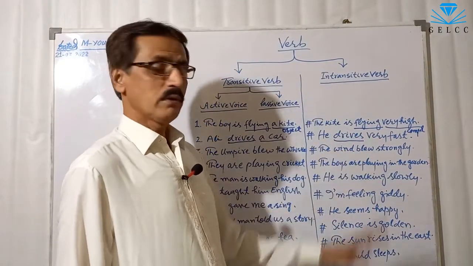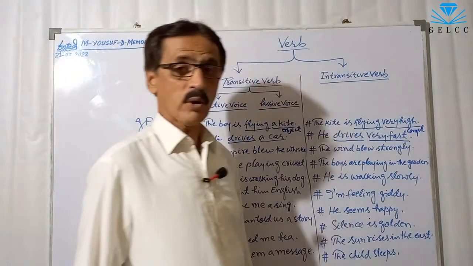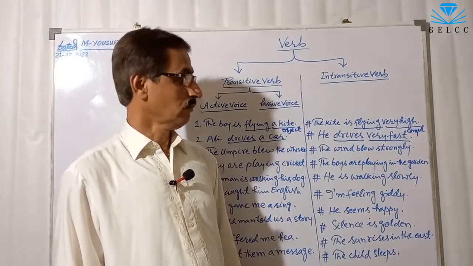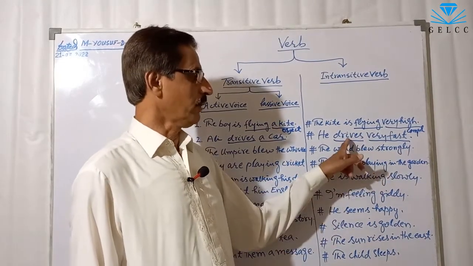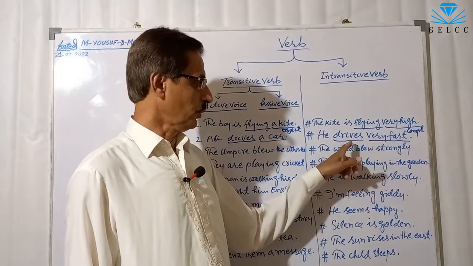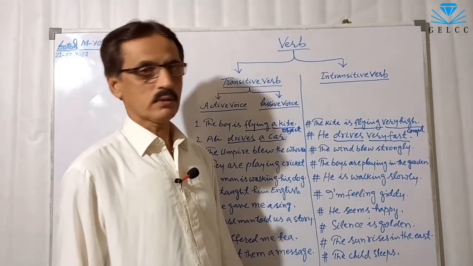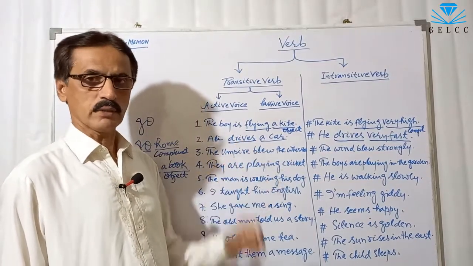He drives very fast. How does he drive? Very fast. Very fast is a complement. This verb has a complement. So here the verb drives is intransitive, and here the verb drive is transitive.